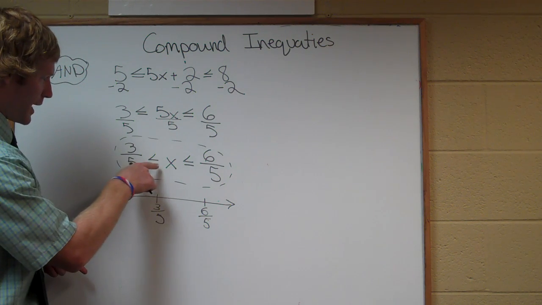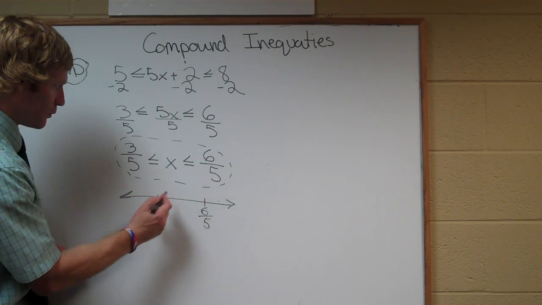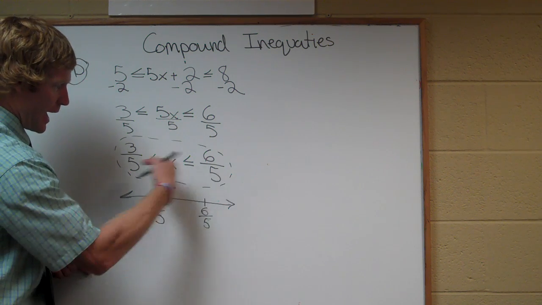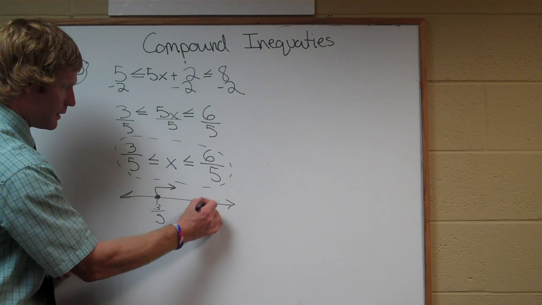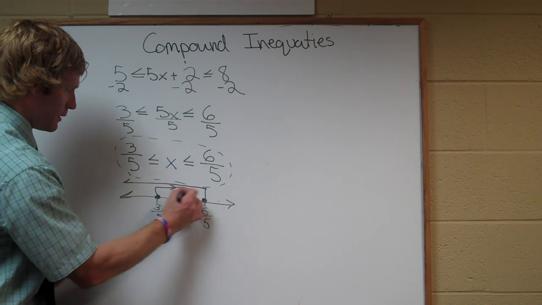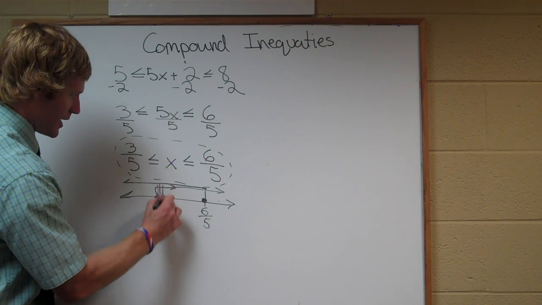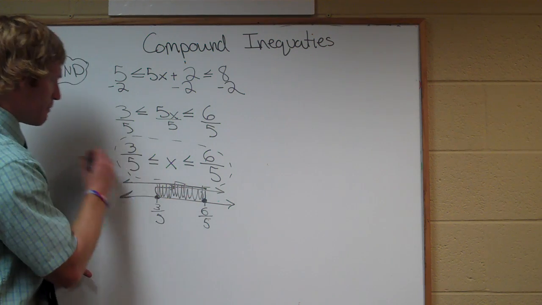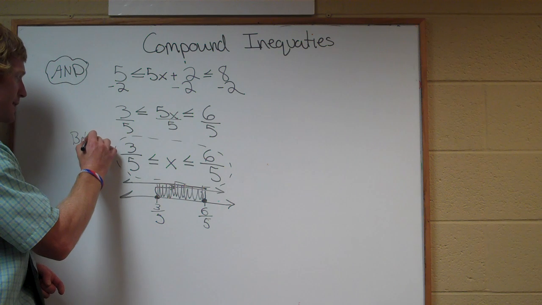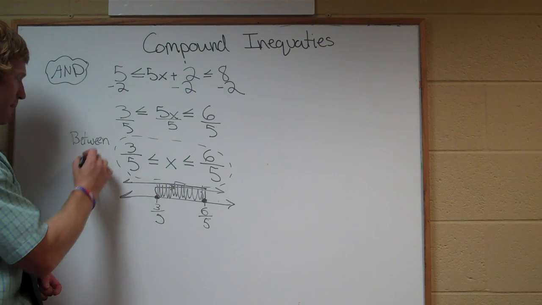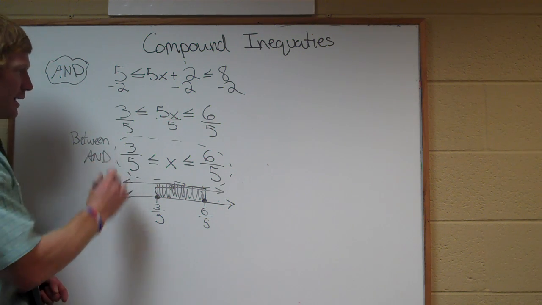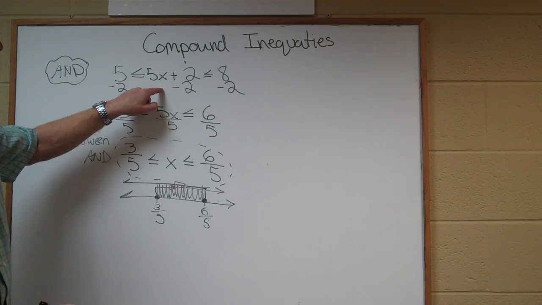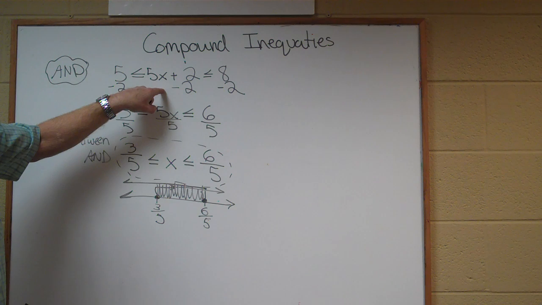I know x has got to be greater than or equal to, so it's a closed circle going that way, and less than or equal to 6/5. And it's the shading that is overlapping. So again, remember, this is a between statement, which is also an and statement. Okay, now, this is an example of solving a compound inequality and statement.